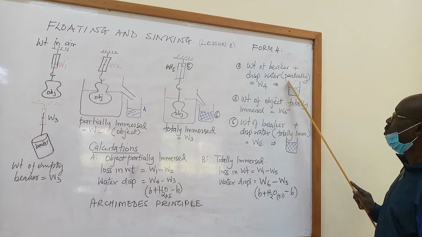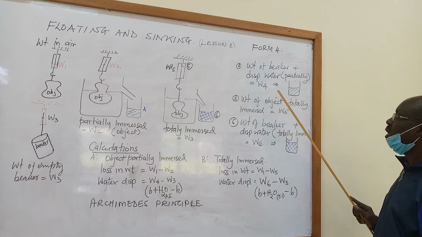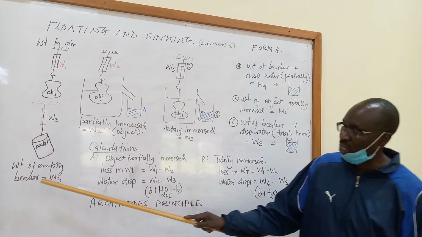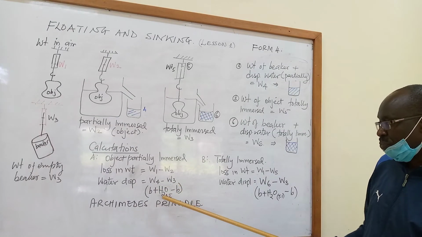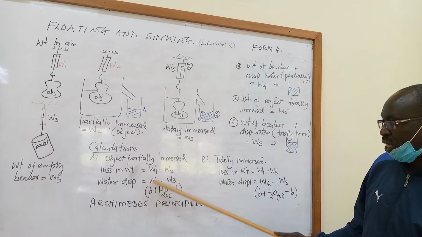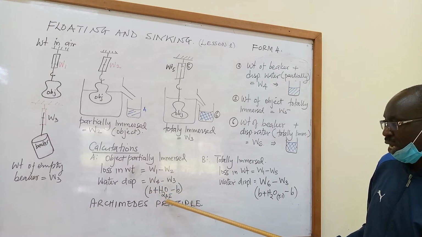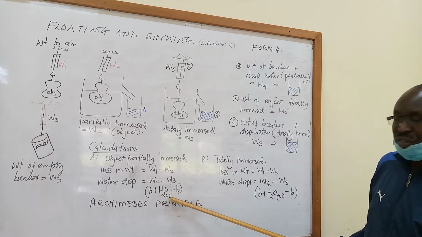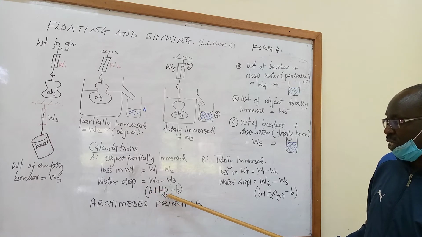This is W4. Everything here. Beaker plus water. And then I will subtract the weight of the beaker, which I have shown you here. This W4 stands for beaker and water partially immersed.